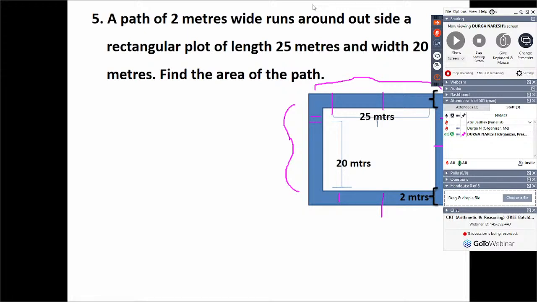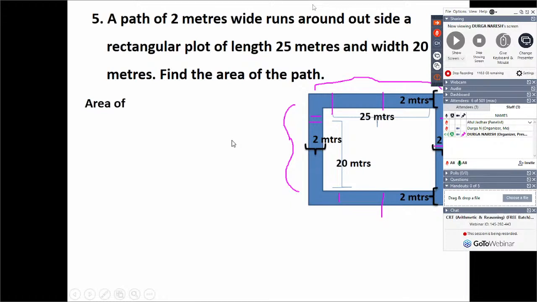If you want to go for the area of the path, automatically that blue shaded region is the outer area minus inner area. So first of all, find the outer area.